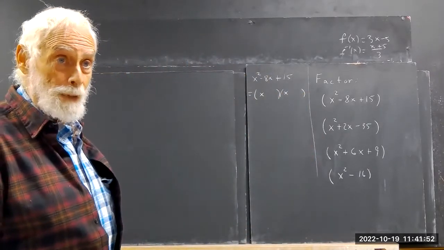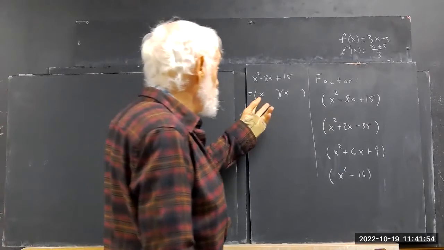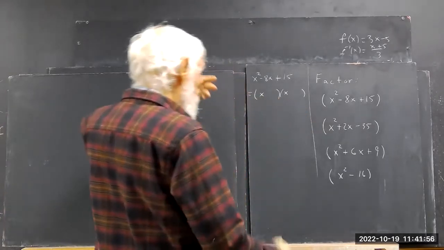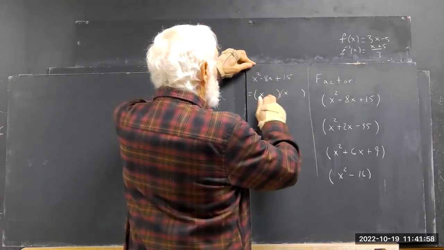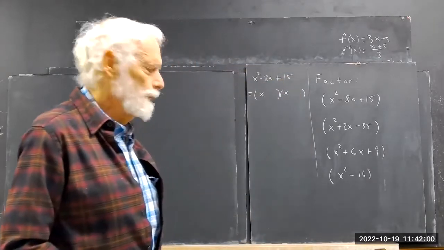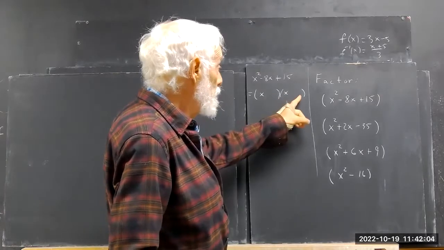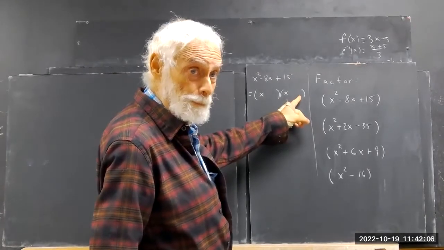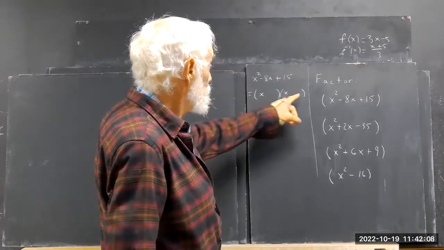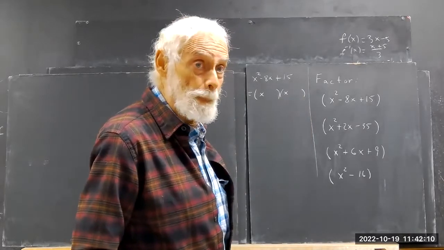Now, when we apply the distributive law to multiply these two things out, these two somethings had better have a product of 15, when you multiply this number times this number. So what two numbers could multiply to 15?